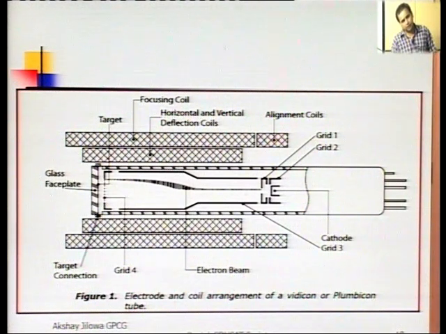Vertically it remains at the top position, but horizontally it travels from left to right, pixel number 2, pixel number 3 and so on, from one pixel to another. When it reaches the extreme right hand corner, it has to travel back. Then the direction of current in the horizontal deflection coil is reversed.